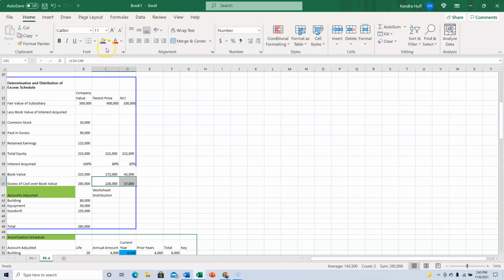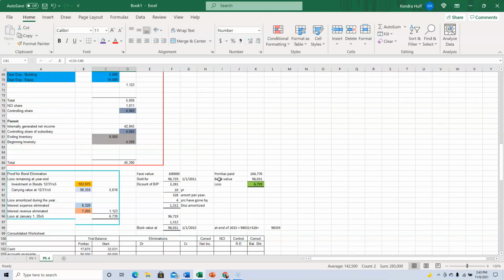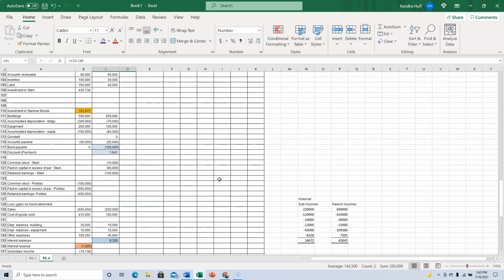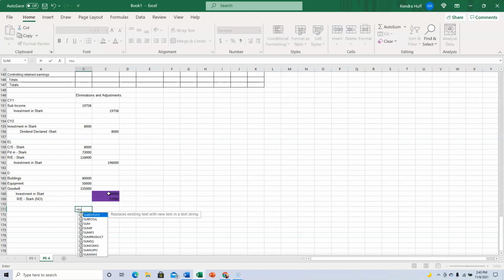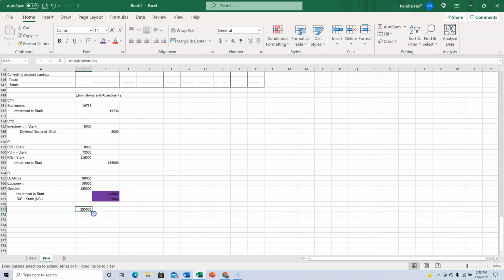They should be equal to these two numbers, 228 and 57. Let me add that up. Sorry, I'm yawning. Okay, so we're good there. Those add up.